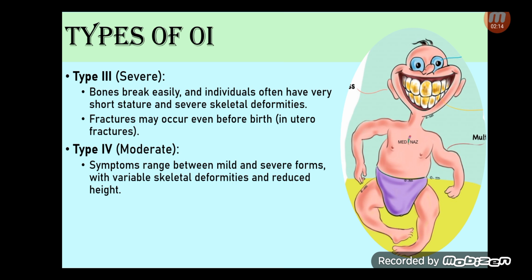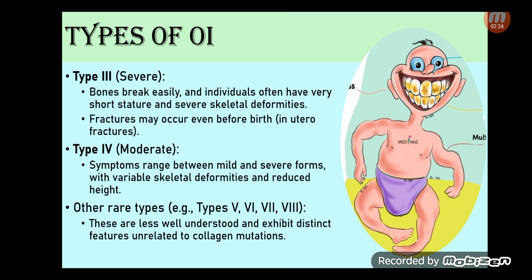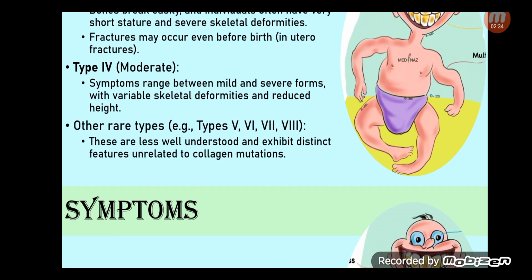Fourth type is type 4, that is moderate. Symptoms range between mild and severe forms with variable skeletal deformities and reduced height. Other rare types include type 5, type 6, type 7, and type 8. These are less well understood and exhibit distinct features unrelated to collagen mutations.